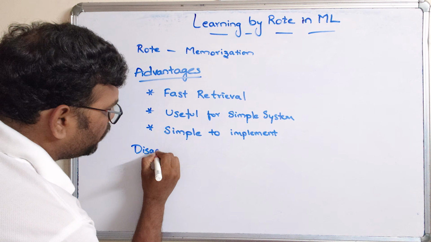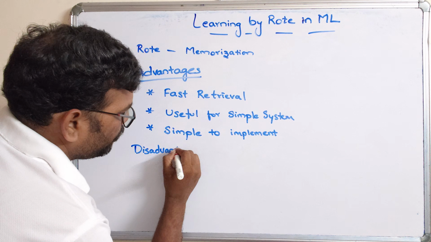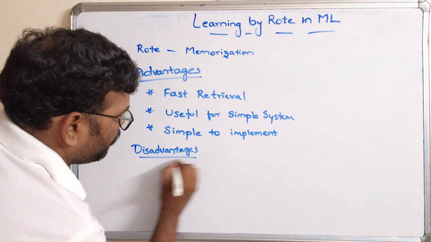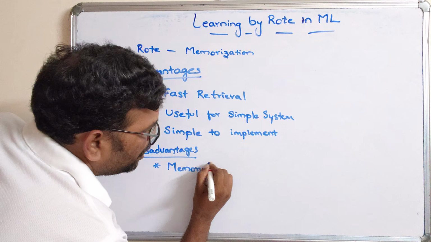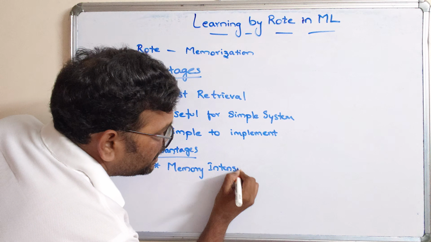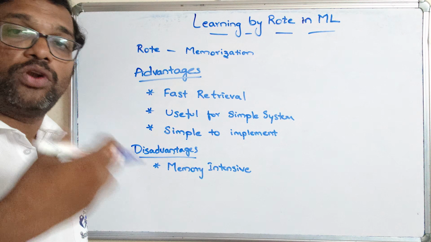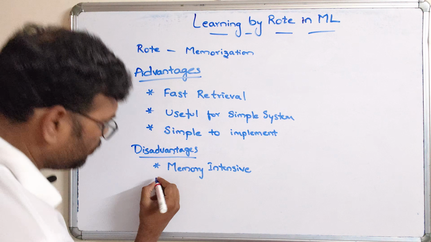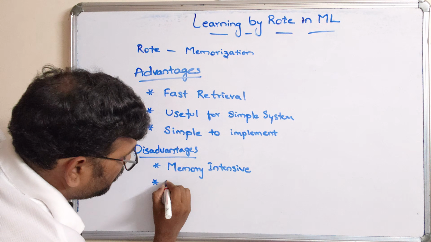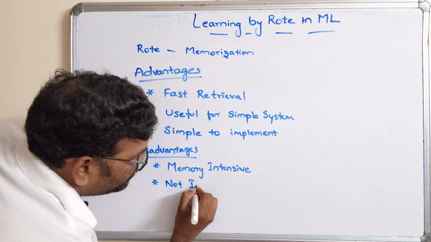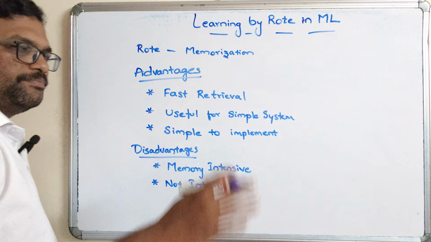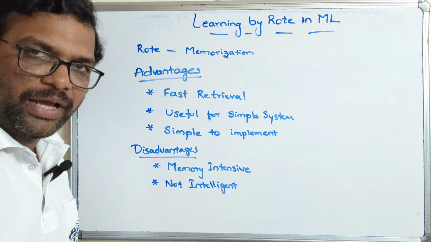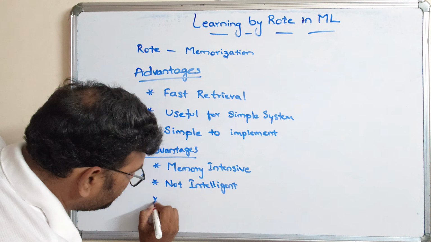Then what are the disadvantages? The first disadvantage is that it is memory intensive. That means it requires a large amount of memory to store a large number of data. Not intelligent. Just now we have seen it is unable to understand and unable to analyze.